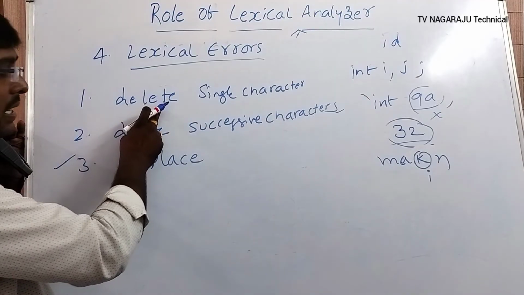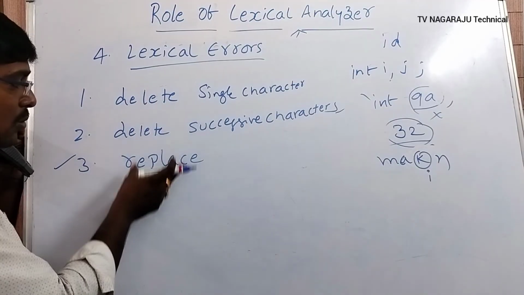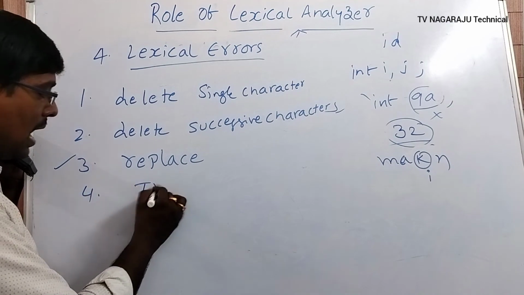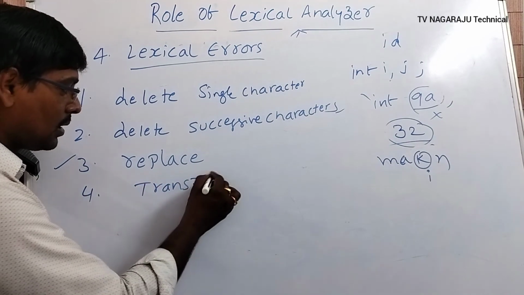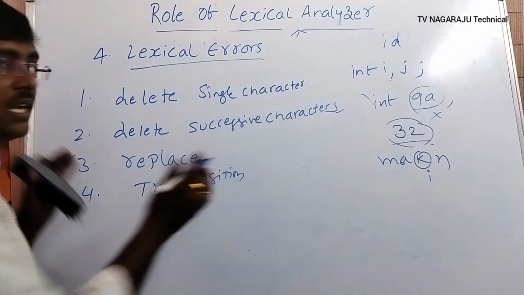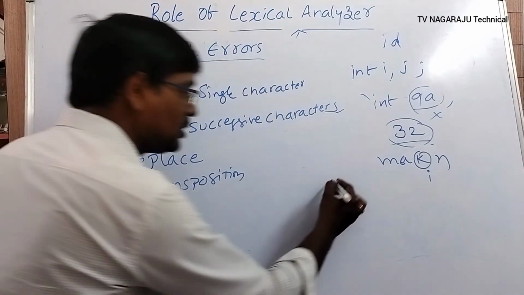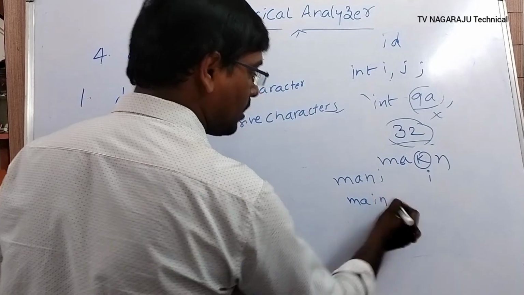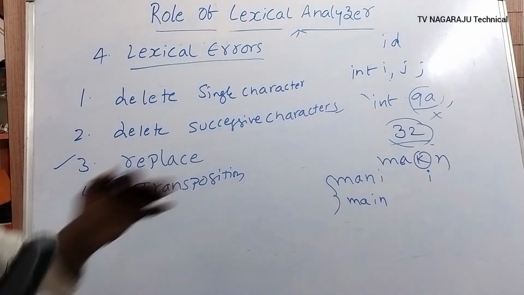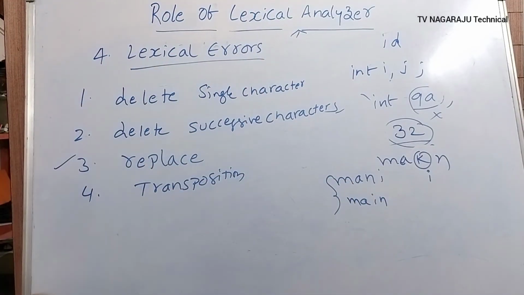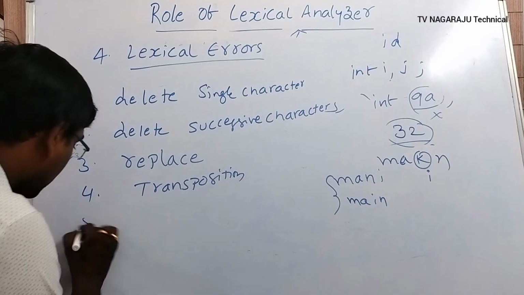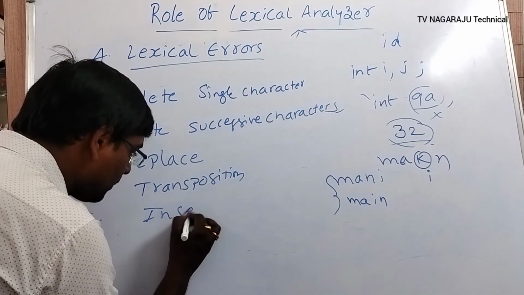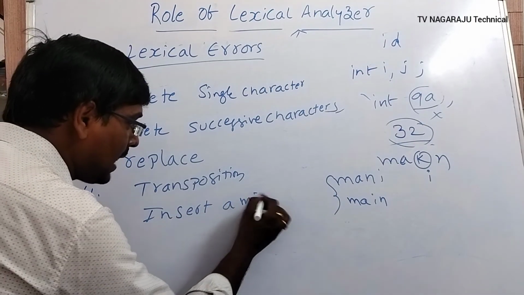So whether single character removal, successive character removal, replacement, or transposition. Transposition means changing the position of the characters. Suppose your string is MANI; simply by swapping, it is converted into the original format. And finally, you can insert a missing character.